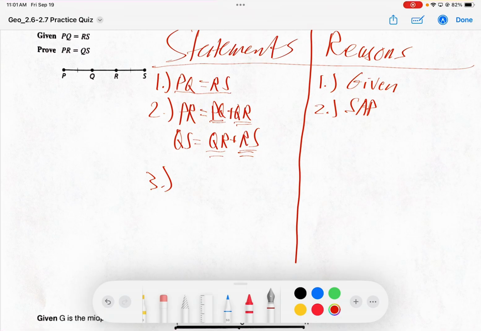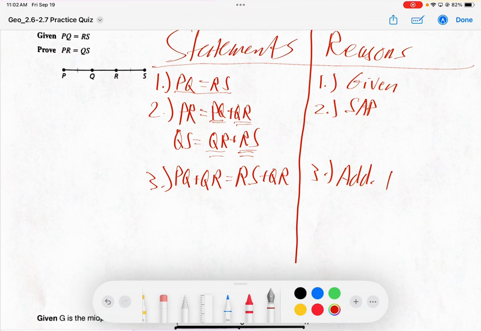What could I add to it? QR. So I'm going to do PQ plus QR equals RS plus QR. What reason would that be? Addition. Well, what is PQ plus QR?